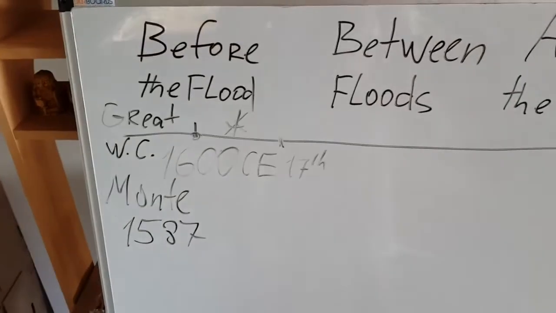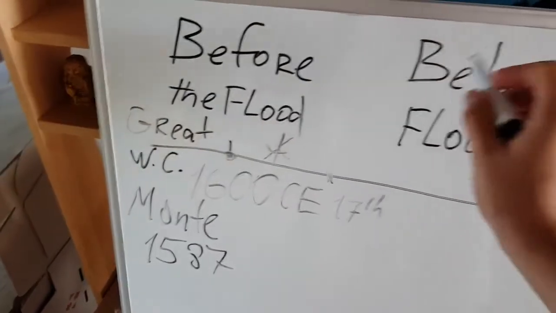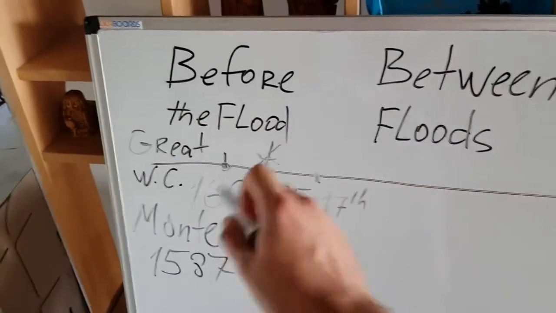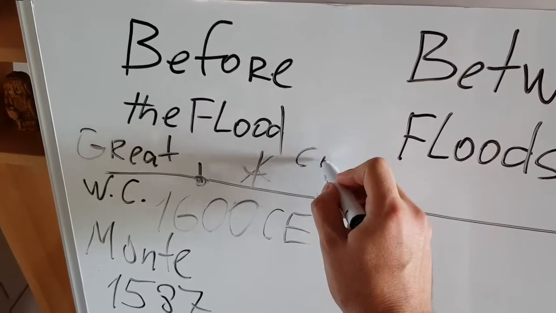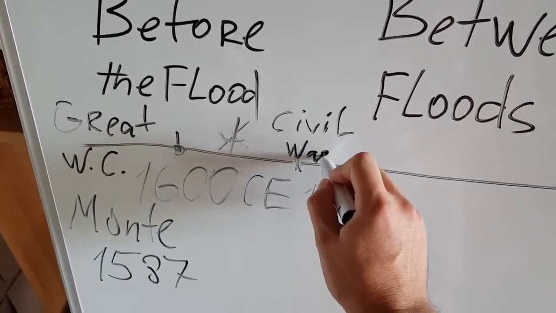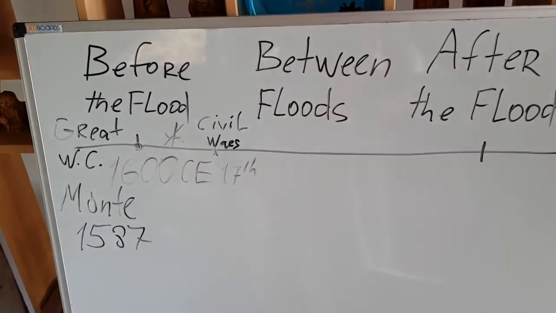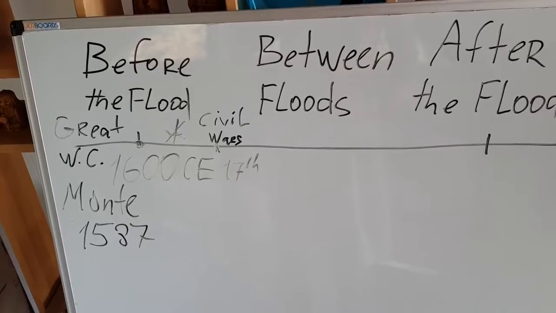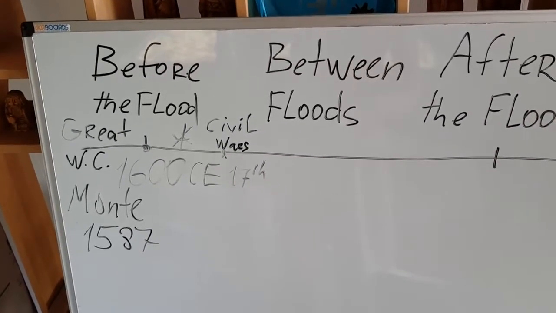So then, what happened after that great civilization? Well, you had the period of civil wars. As it always happens, great minds are destroyed, and those who are left have to divide the wealth.